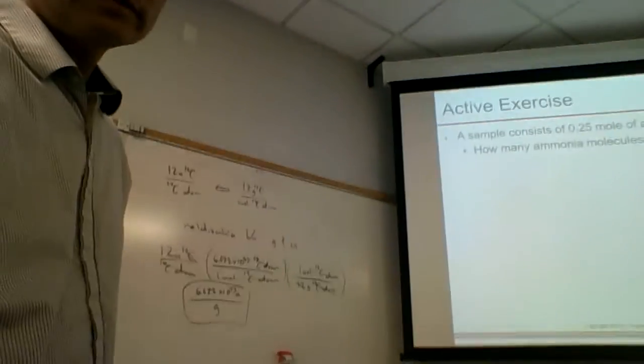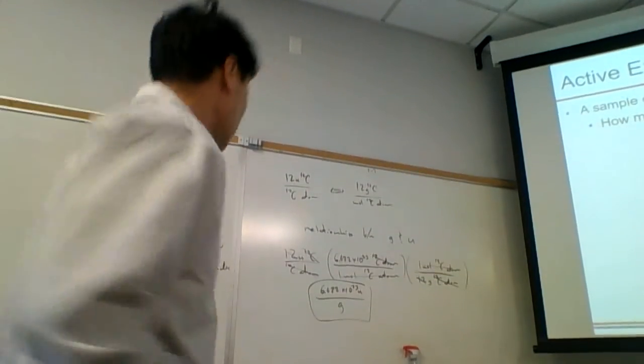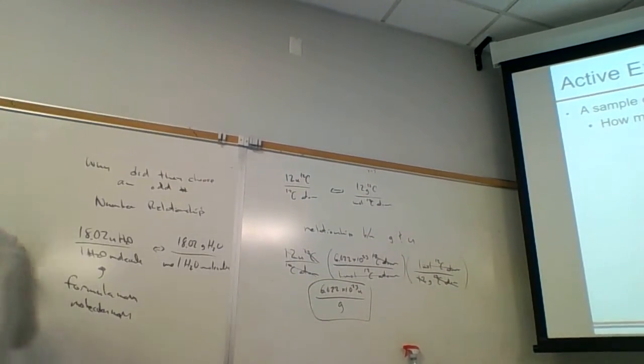Okay, so the first type of conversion we can do is by using Avogadro's number. That is, we can go from moles to units, or units to moles.